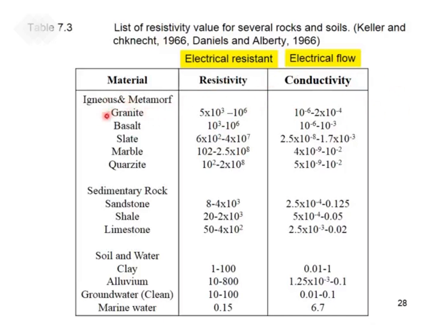If a material has high resistivity, it will show low conductivity. For example, marine water shows high conductivity, so the resistivity is low. And when comparing granite and sandstone, granite shows high resistivity compared to sandstone, because granite is more dense than sandstone.